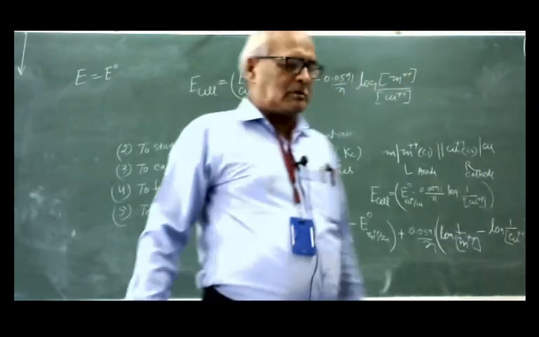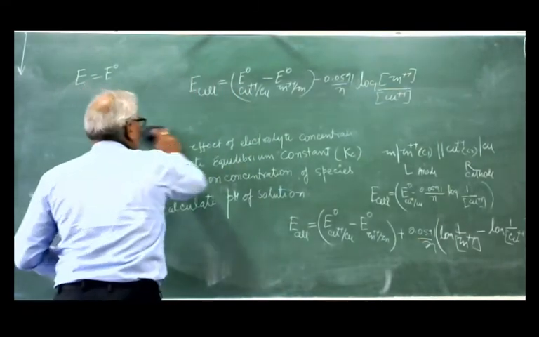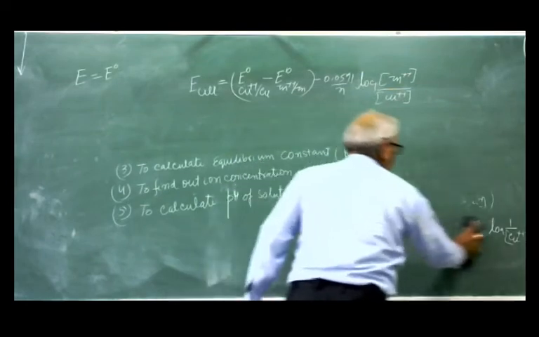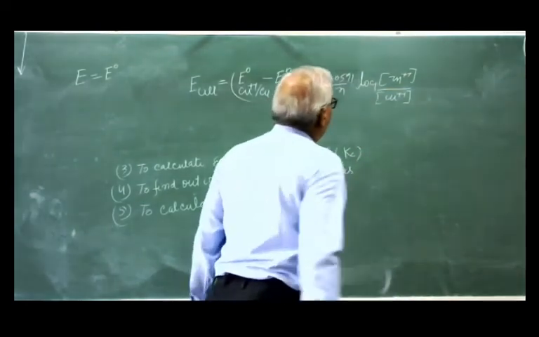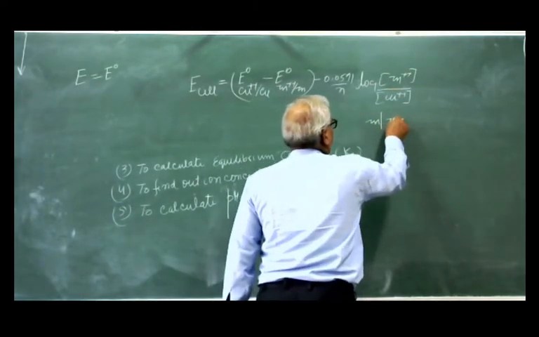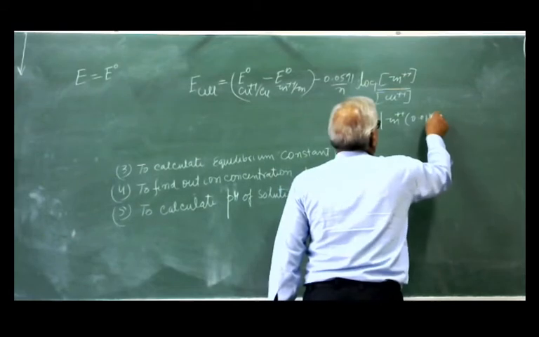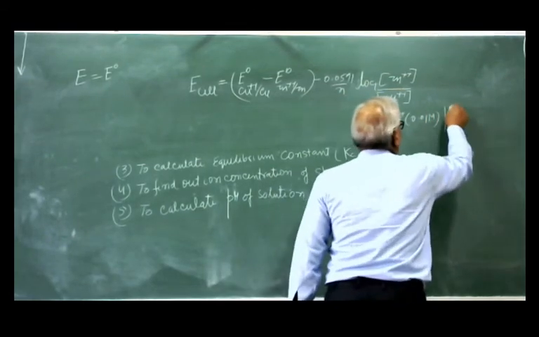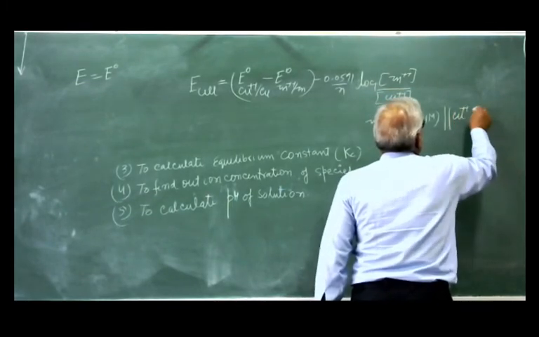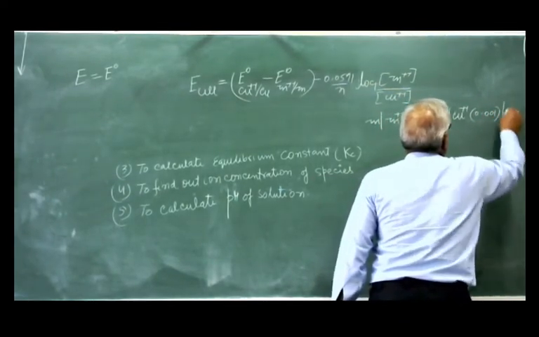Just take the example. Suppose there is a cell, zinc ion 0.01 M concentration, salt bridge, this is copper ion, it is 0.001, copper.